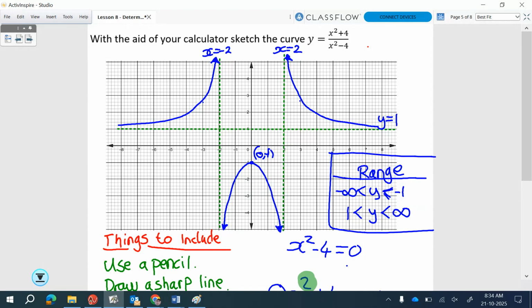Because we have a gap in the middle of it. So when we're doing the inequality from -infinity to -1, we only have an equal to for the -1. The curve goes through 0, -1. And the rest of them, because they're asymptotes, it never reaches those points.